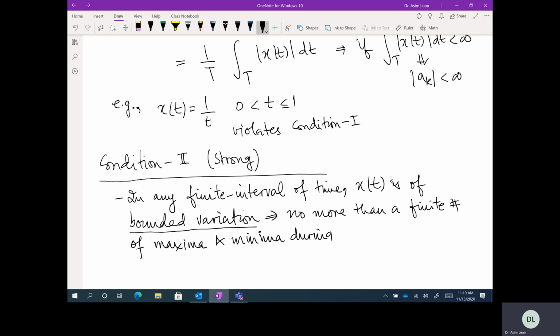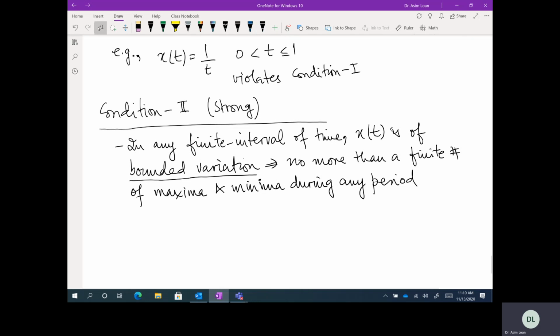Within one period, you cannot have an infinite number of maxima or minima.